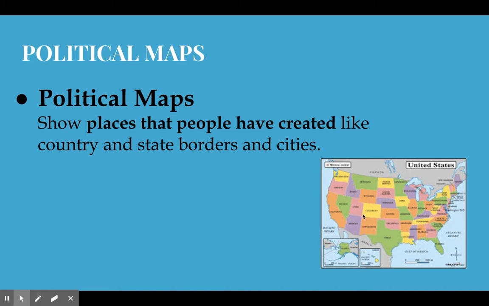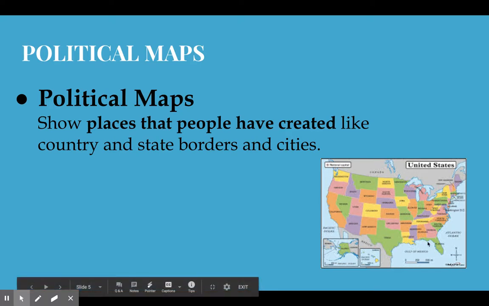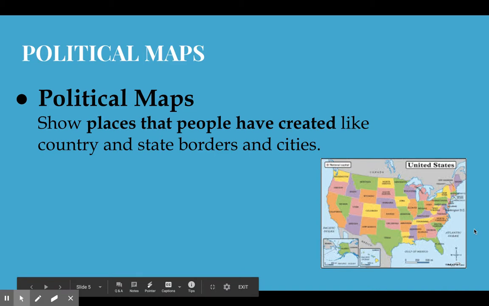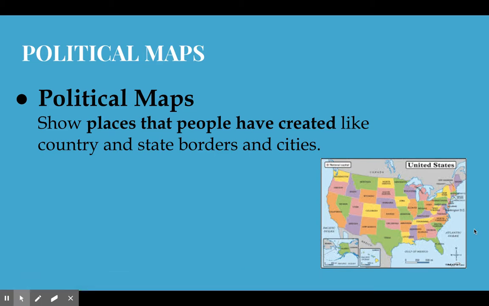It might show you cities. My map here, I can't see because I'm old. I don't think this shows any cities, but it shows the borders of our country, and it shows the individual borders of each state. So those are features of political maps.